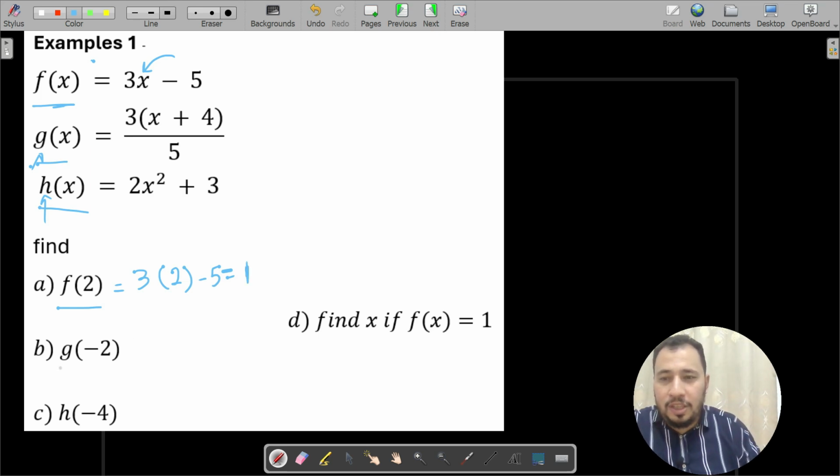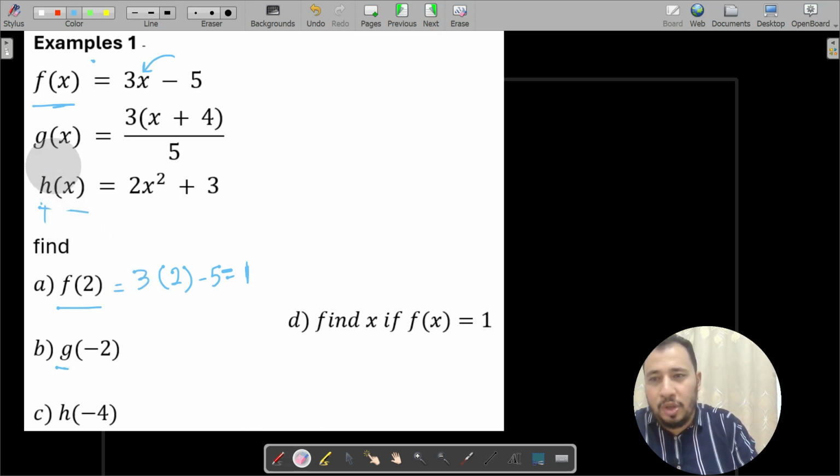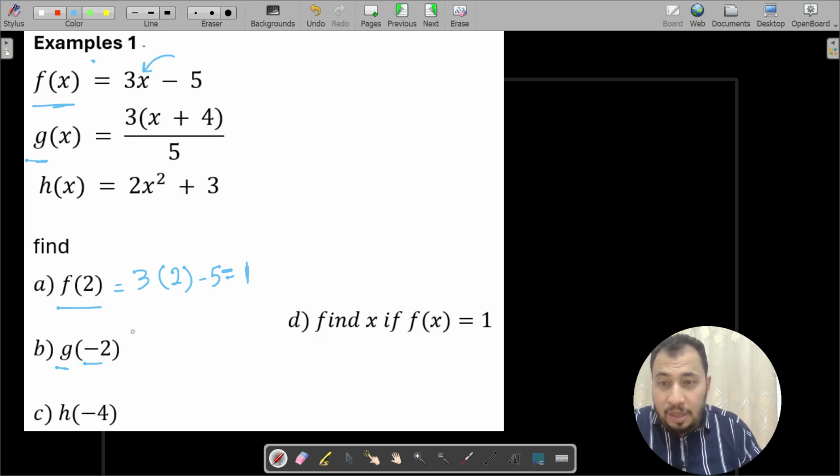Find g of negative 2. So again, you go to which function? You have to go to function g, the second function which we have today, and substitute x with negative 2. Let's write that together. 3, open brackets, negative 2 instead of x, plus 4, all of that over 5.